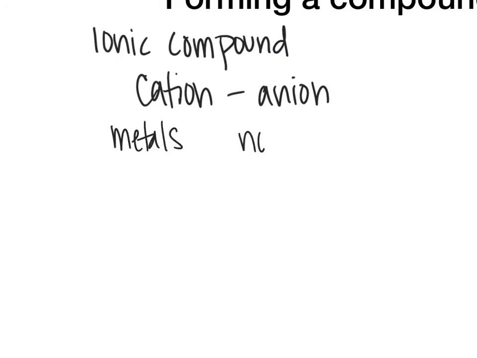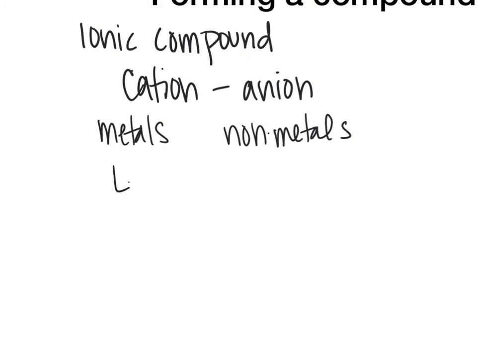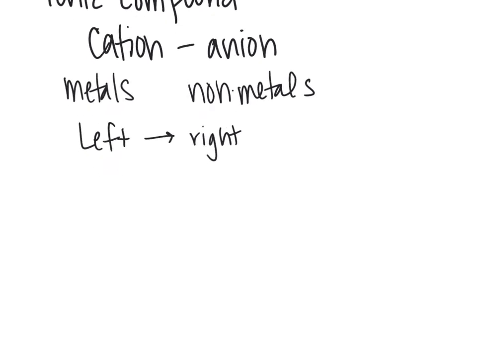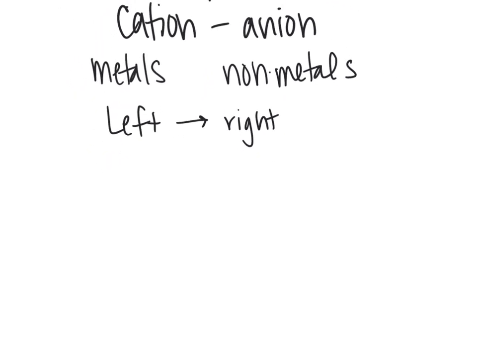Anions are usually nonmetals. We read these components left to right, somewhat across the periodic table. When these interact with one another, we can start to look at how they interact. What we want is for them to be neutral.